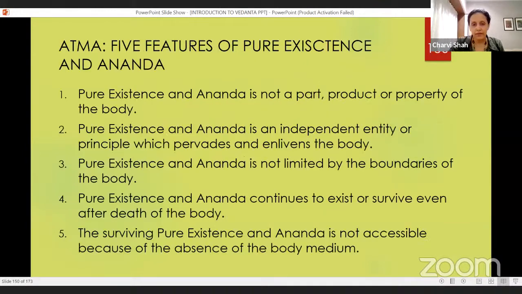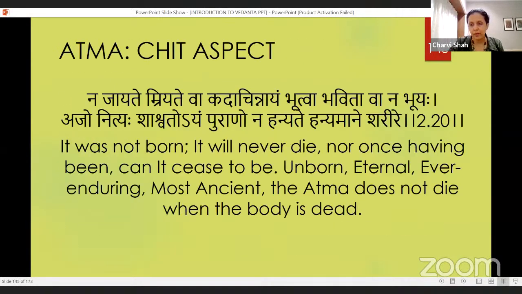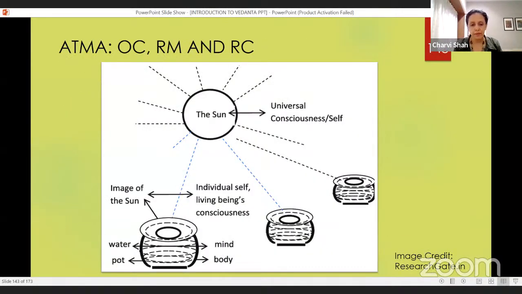So do you remember that example of the sun and its reflection in the tubs? Do you remember this slide? So we are going to use the same slide, the same example.